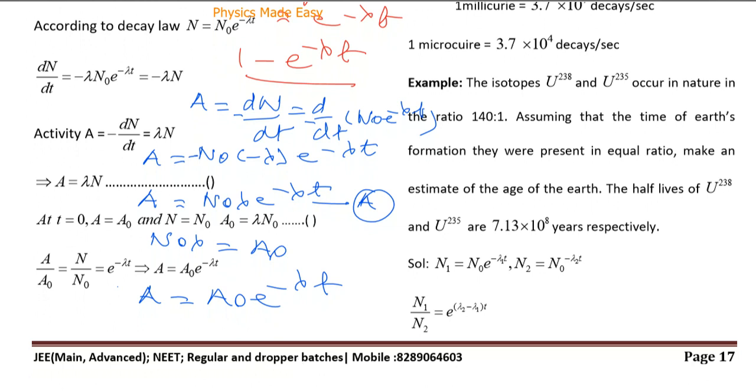Let me focus on the formula of the number of undecayed nuclei, which is N naught e raised to power minus lambda t. So these two formulas, one for the number of undecayed nuclei and the other for activity A, are similar.